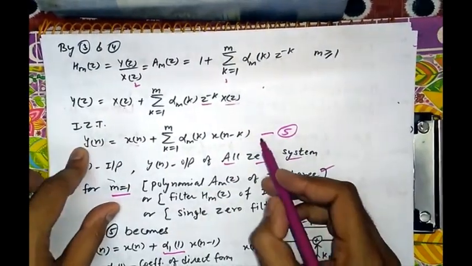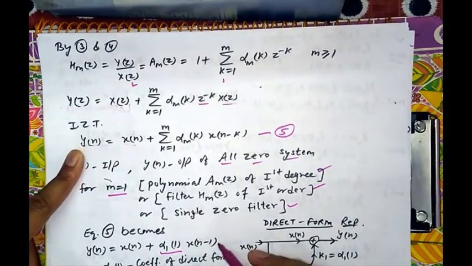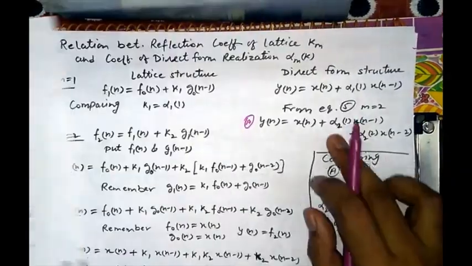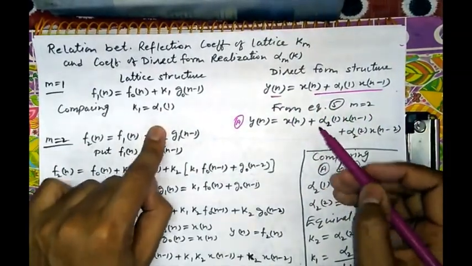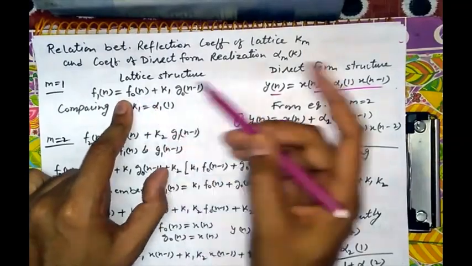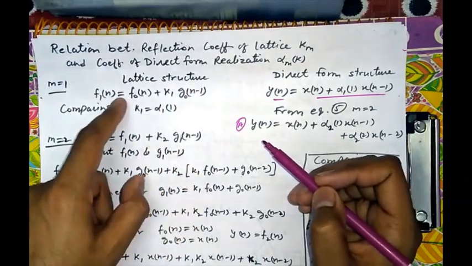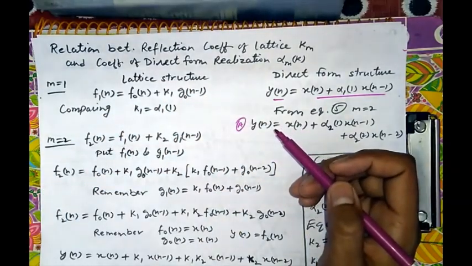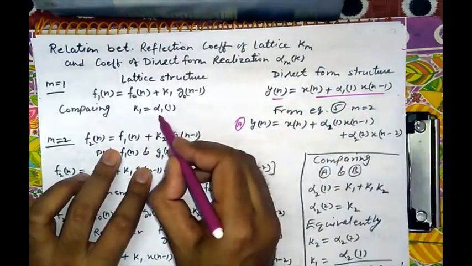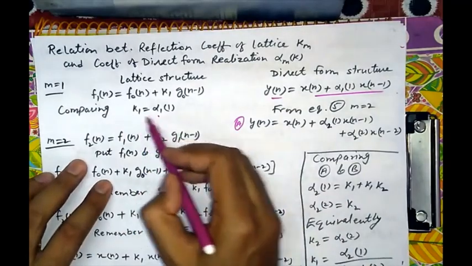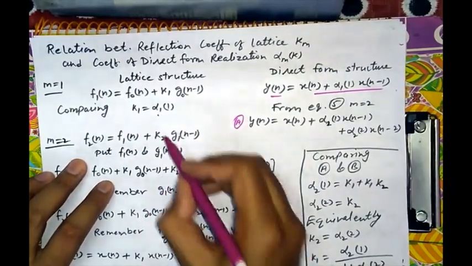This is equation number 5 for the output of an all-zero system, and for m equal to 1 we have already arrived at this equation. Comparing these two, we can find that f0(n) was x(n) and g0(n-1) was x(n-1), because f0(n) and g0(n) are both the same. So comparing these values, alpha 1 is k1. First order coefficient, first order reflection coefficient, and first order lattice filter coefficient.